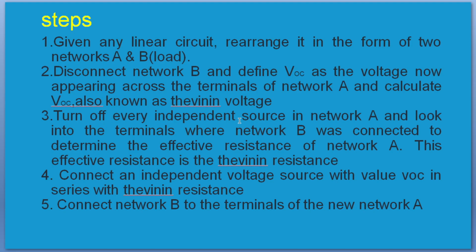Turn off every independent source in network A and look into the terminals where network B was connected to determine the effective resistance of network A. This effective resistance is the Thevenin resistance.